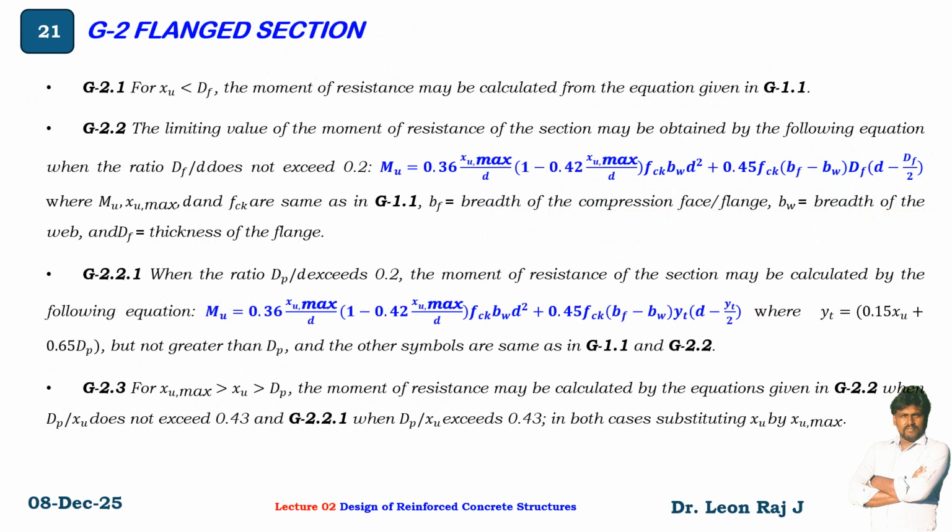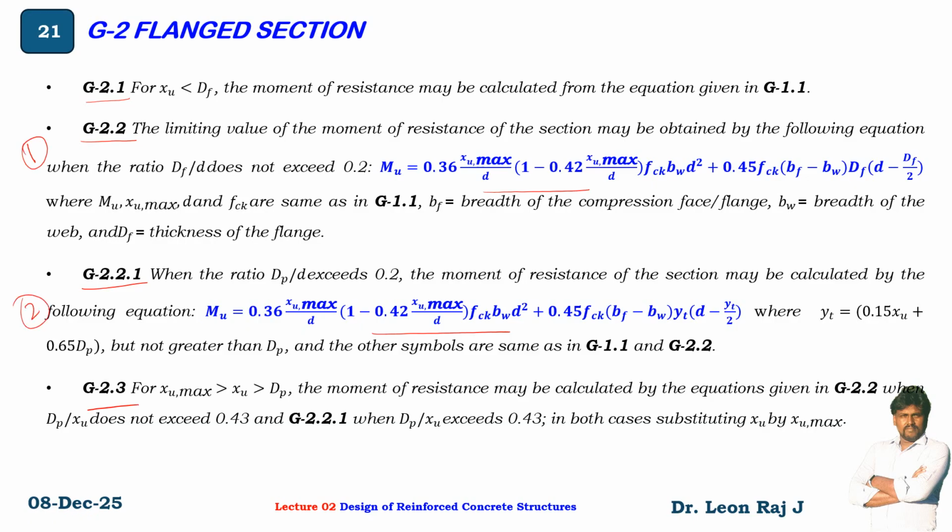So the IS code provides the same equations in G-2.1, G-2.2, G-2.2.1 and G-2.3. The same equations are provided here as limiting. So the IS code specifies two cases only, case 1 and case 2.